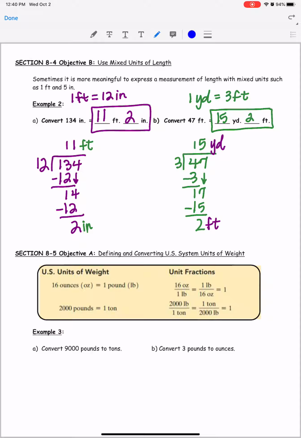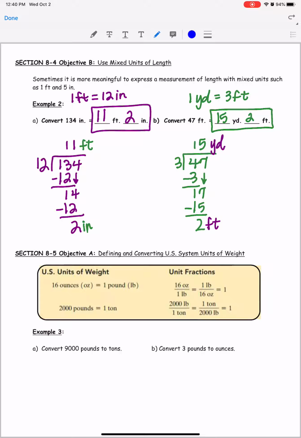Okay, and again, when they tell me 16 ounces equals 1 pound, it doesn't matter if I do ounces over pounds or pounds over ounces, I am still talking about the same amount of weight, even though it's measured differently. Same thing here with pounds and tons. It doesn't matter if I do pounds over tons or tons over pounds, it's still the exact same amount of weight. So we just got to pick which way we want to write this fraction.